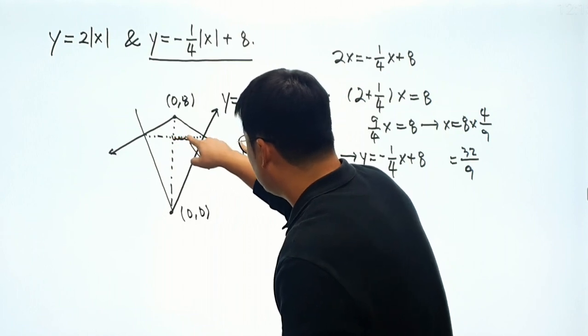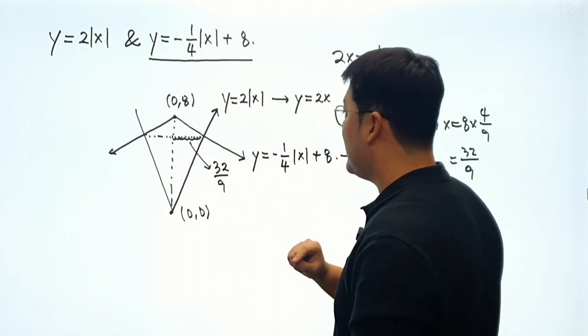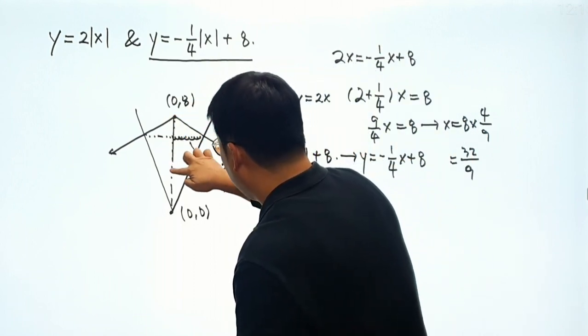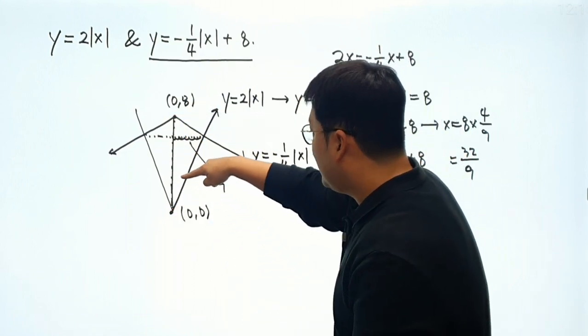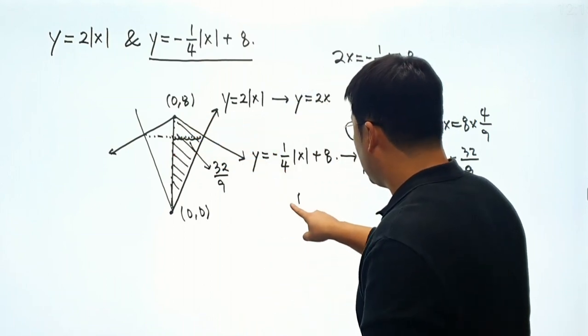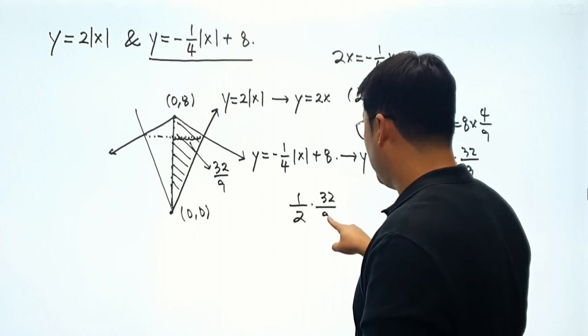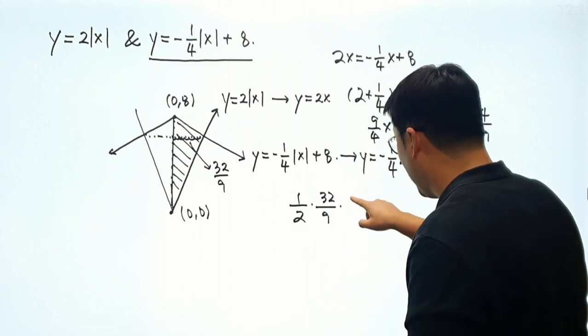This much is going to be 32/9 because that's the width, and I got positive 8 down there. So we can find the area of one triangle: 1/2 times 32/9, the height, and here we get the base.